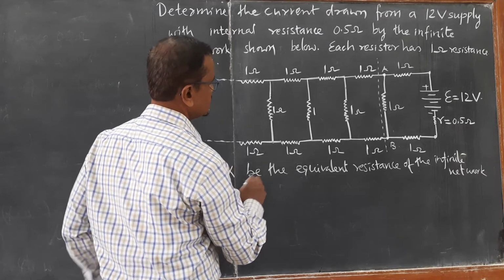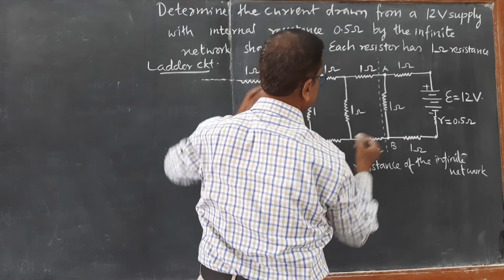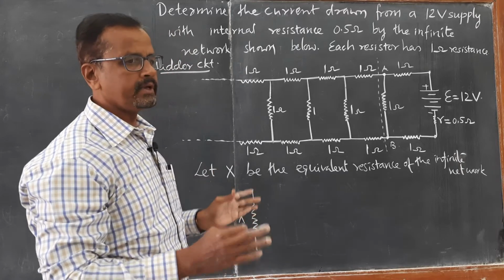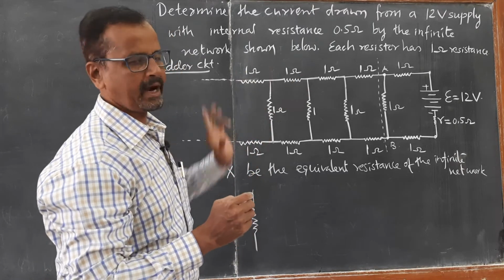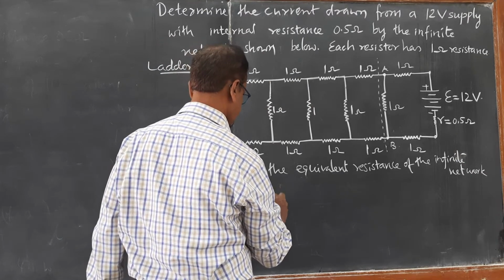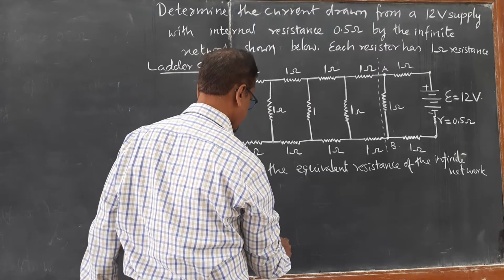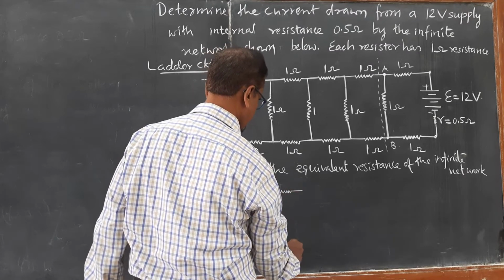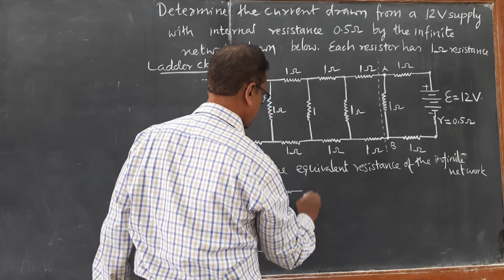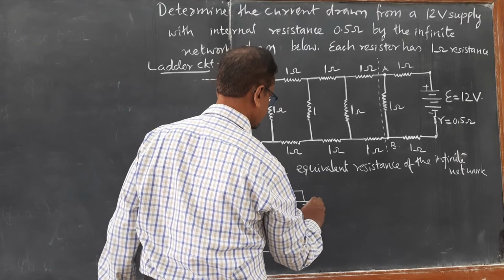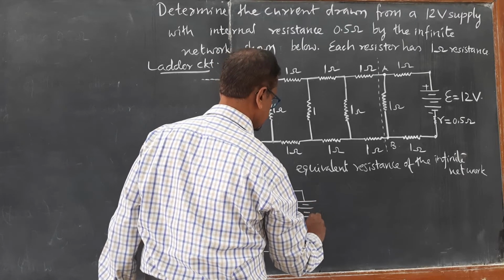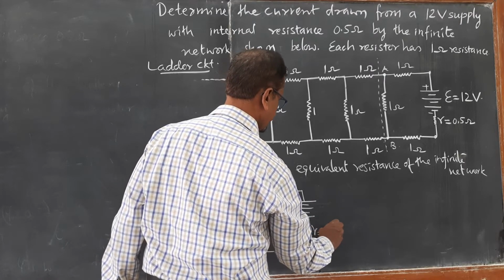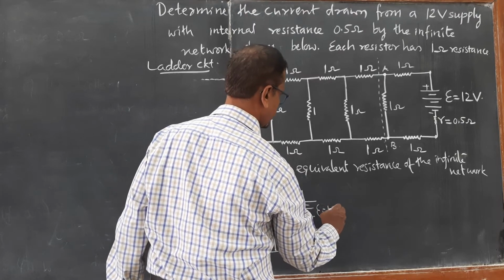There is no harm if you add one more same pattern of 1 ohm, 1 ohm and 1 ohm here, and connect it to the terminals of the battery, which has a small internal resistance R. R is equal to 0.5, E is equal to 12 volts.